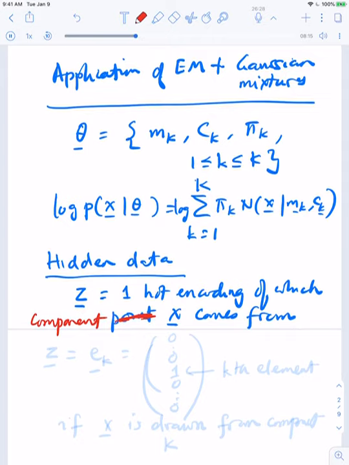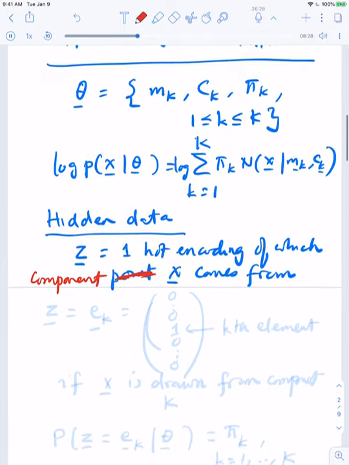Because if you know that, then you go from this mixture Gaussian to a Gaussian. That's the essence of this tractability, right? So what does that buy us?